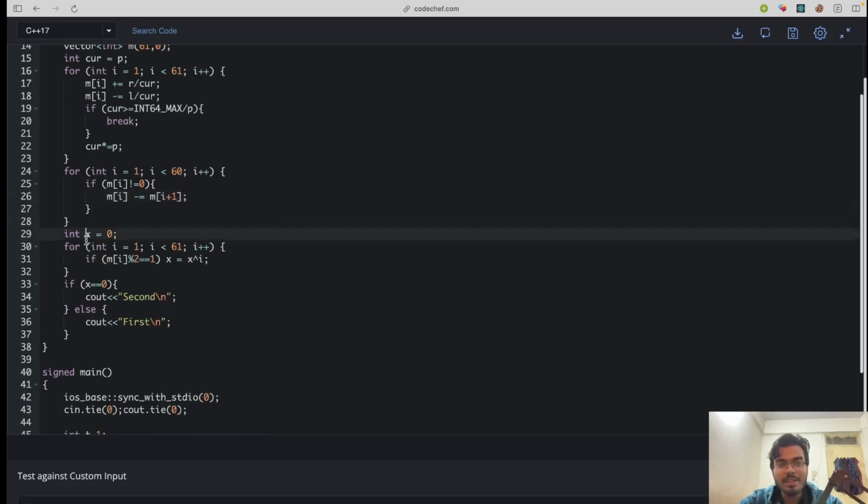And now I simply have to take the XOR. And why am I doing this here? Because if the count of a power is even, then it will not contribute to my answer. I don't even need to take the XOR of it, and then simply take the XOR of the power. And if the XOR is 0, my answer is the second player. If the XOR is 1, then my answer is the first player.